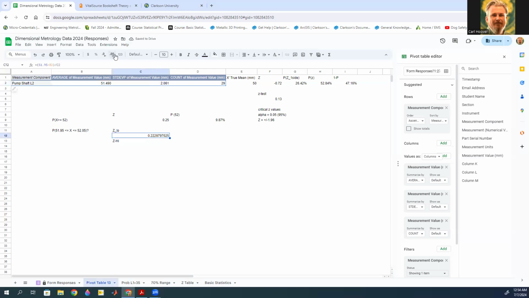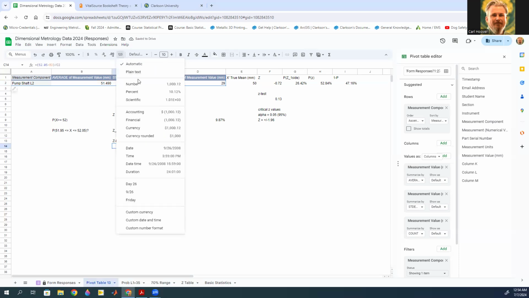And that gives us 0.22. And for the high, we have 52.05 minus the mean, divided by the standard deviation. And that's 0.27.